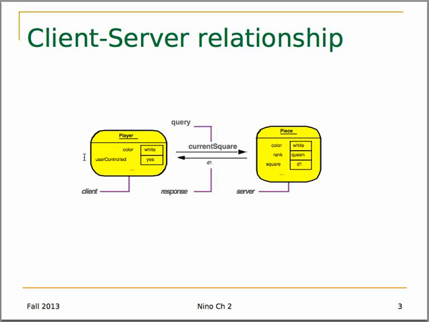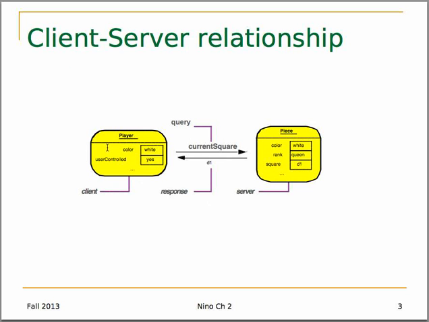Here's a client. A client object sends a query to a server, and the server class responds with some message. And essentially, what is this message? It's just a return value. That's all it is. So when we say query, all it really means is call method.